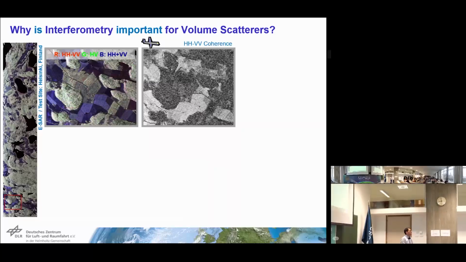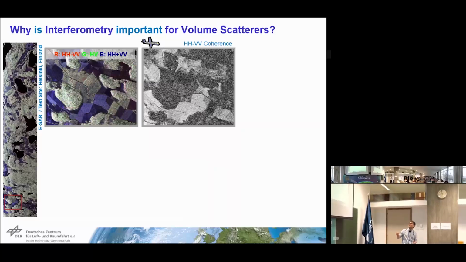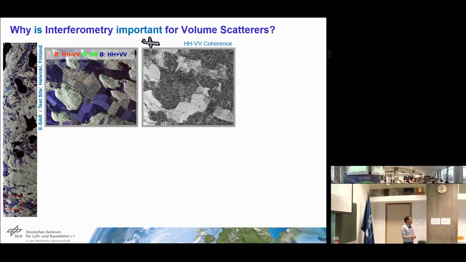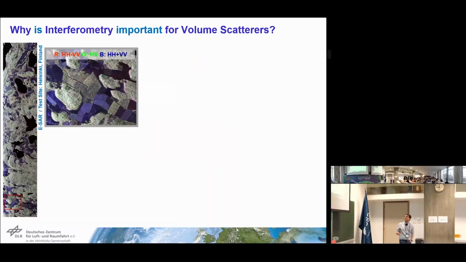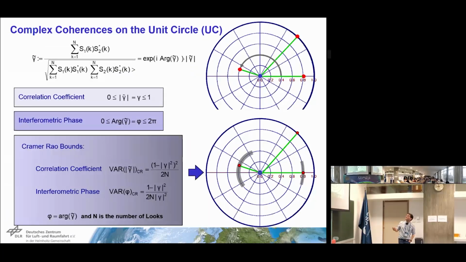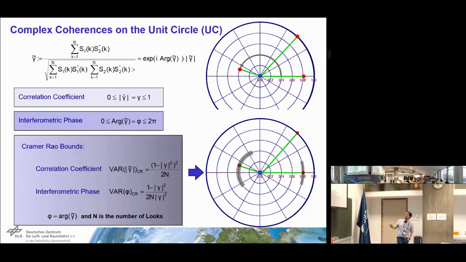So if your coherence is high in the SAR phases and low in the forest, where do you think you have a better measurement of the phase? In the SAR phase or in the forest? In the SAR phase, because your coherence is higher. Remember this plot here. So you are somewhere here. These are your coherences, these are your volumes. So basically you see here that you can measure the phase in the SAR phases more accurately than in the volumes.